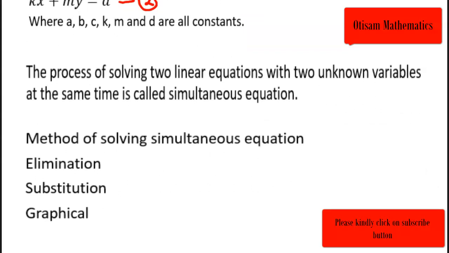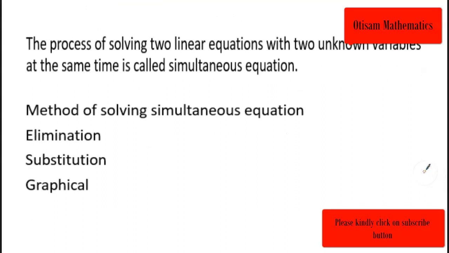These are elimination method, substitution method, and graphical method. For graphical method, I will hold on; when we look at quadratic graph, then I will talk about it. So for now, I'm going to look at elimination and substitution method.